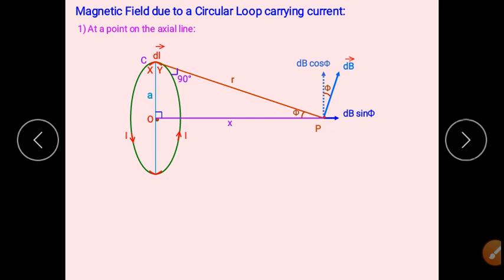And we are going to find the magnetic field at the point P. To find the magnetic field, we cut the entire circular loop into a large number of small elements, and we considered a single element xy. Then we found the direction of the magnetic field due to this small element xy at the point P, and we resolved dB into two components, dB cos phi and dB sin phi.